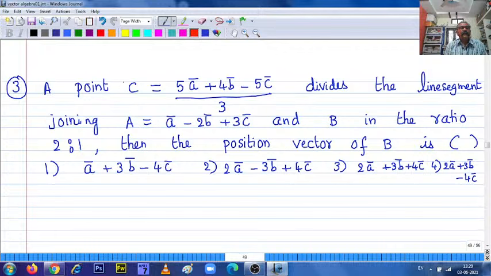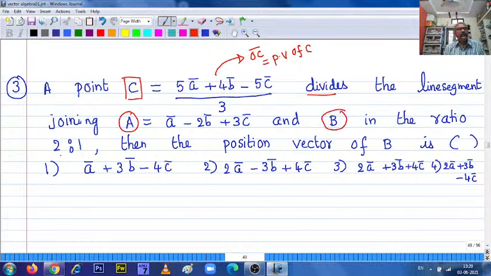Here see the C point whose position vector is given. This is the position vector of C, OC bar given. C divides the line segment joining A point and B point in the ratio 2:1. Then the position vector of B we need to find out. Position vector of B means OB bar we need to find out. So just if you draw the figure, you will get an idea.